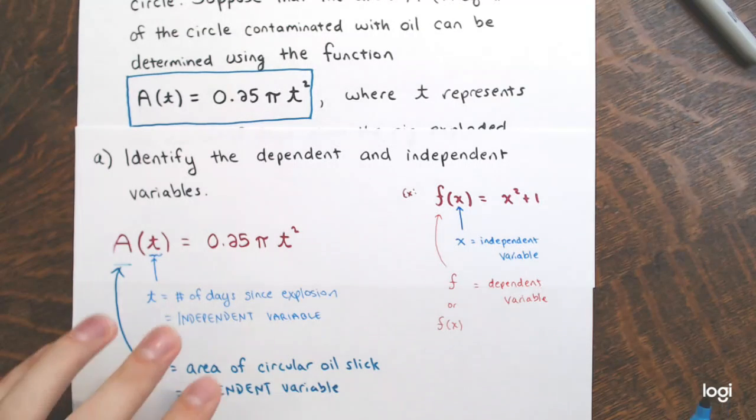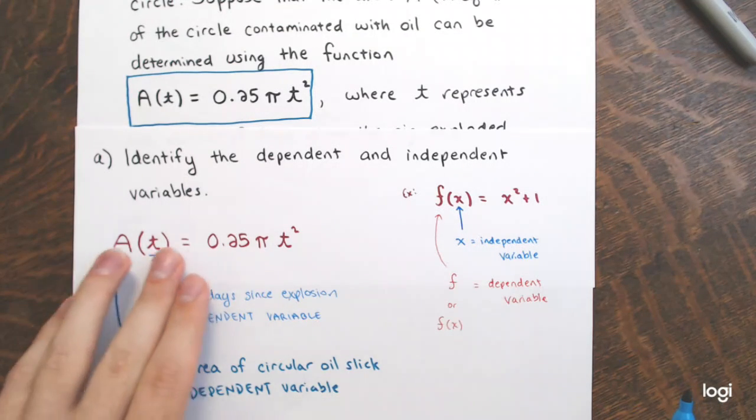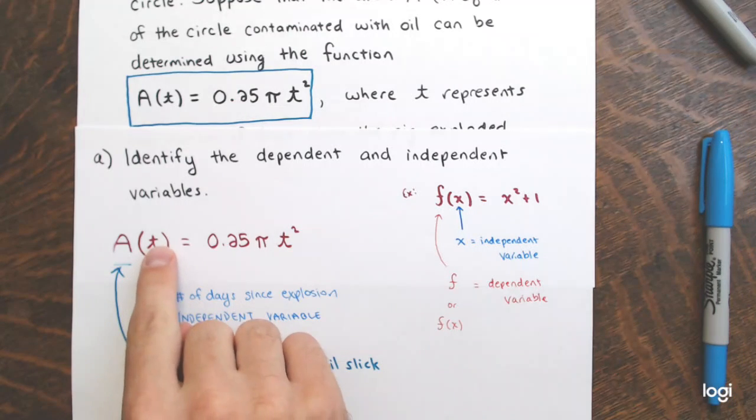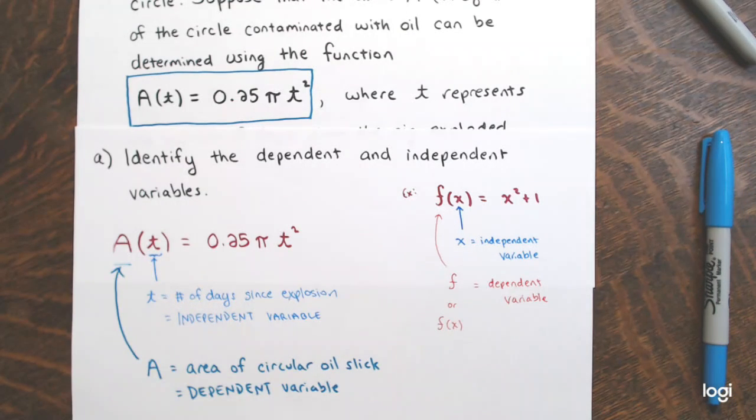That's the answer to part A. Based on the way the equation looks, it's very easy to determine my inputs and outputs: t, time, independent; A, area, dependent.